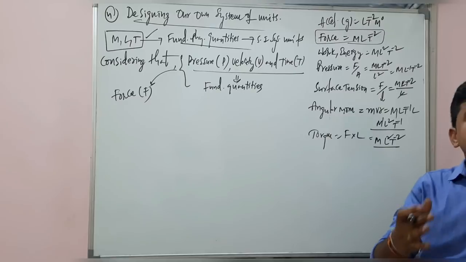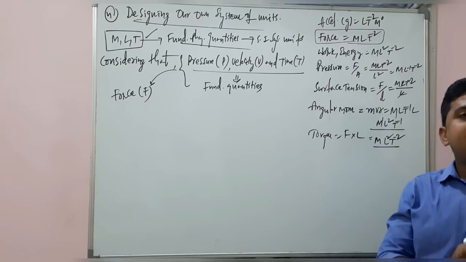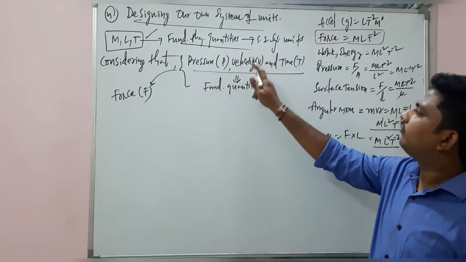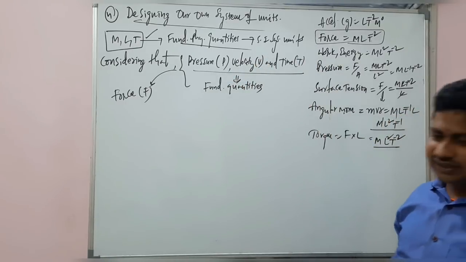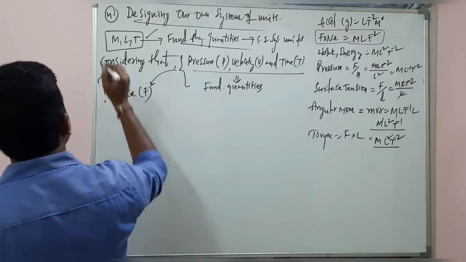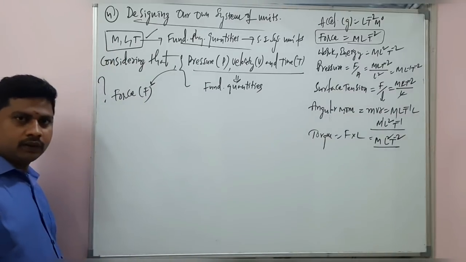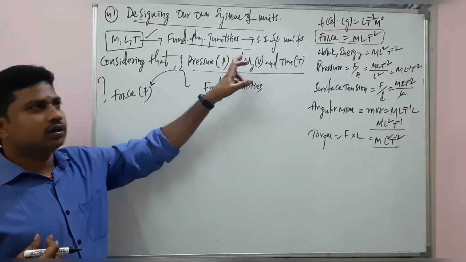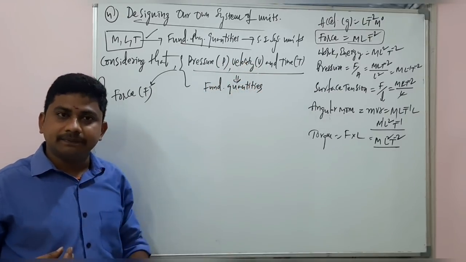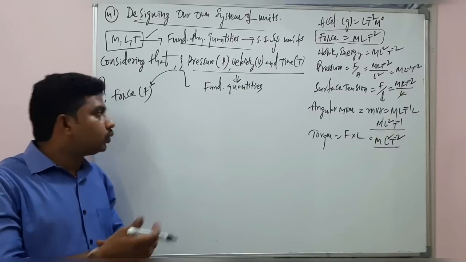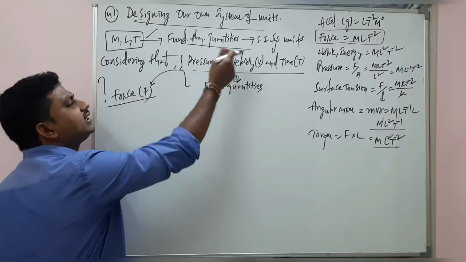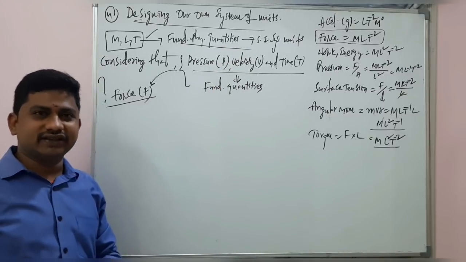But here, my fundamental quantities are pressure, velocity, and time. So this is the question. If I choose pressure, velocity, and time as my fundamental physical quantities, how can the force be represented in terms of these fundamental quantities?